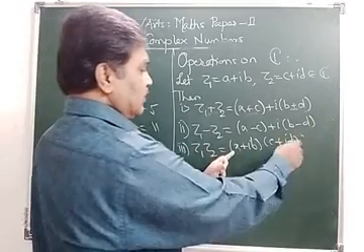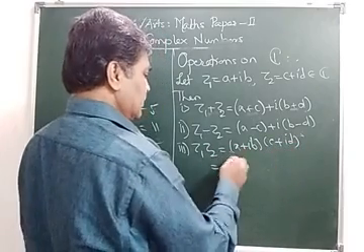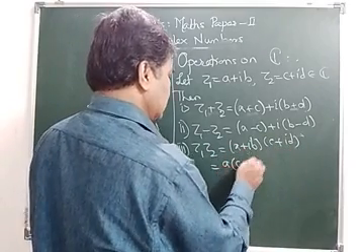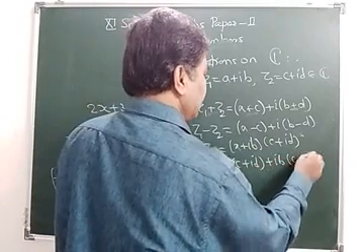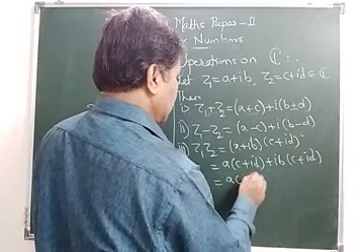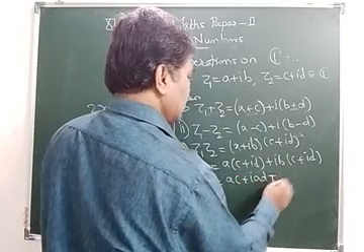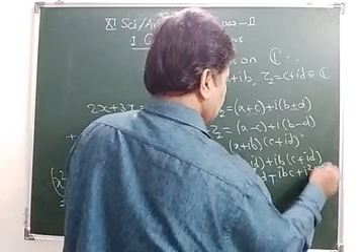You are multiplying the second bracket by the first term, and again the second bracket by the second term. So we'll get A into C plus iD plus iB into C plus iD. This is nothing but AC plus i times AD plus i times BC plus i square BD.